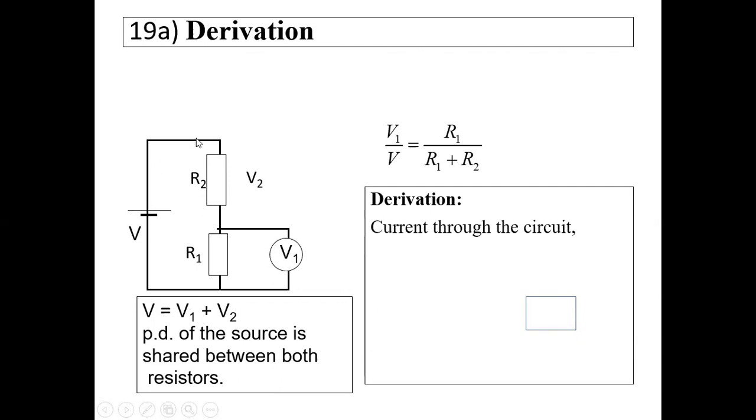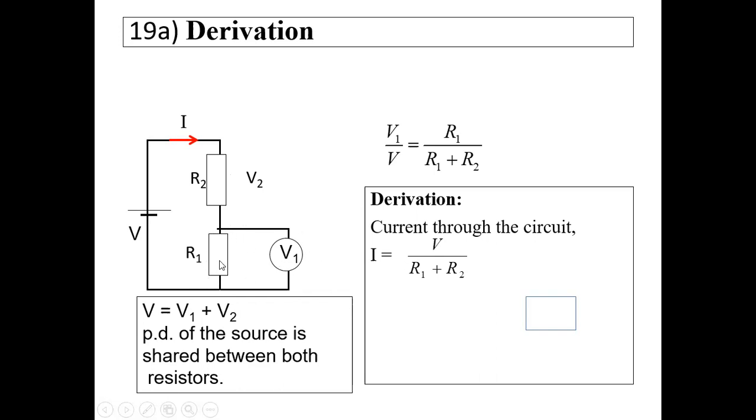Okay, let's look at this circuit. Forget about this voltmeter. The current flowing through the circuit, how to calculate? It's just your V, your EMF, divided by R1 plus R2. Then we want to calculate your V1.